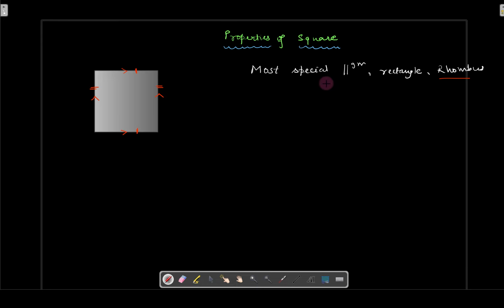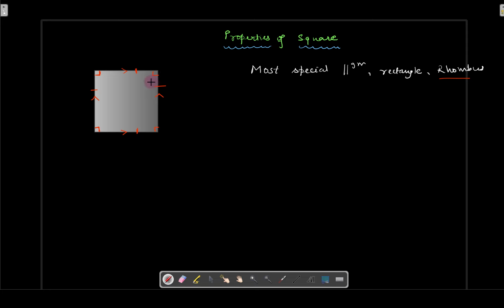So in a square as well, all four sides will be congruent. Then rectangles had the property that all angles are right angles. So squares will also have all right angles.